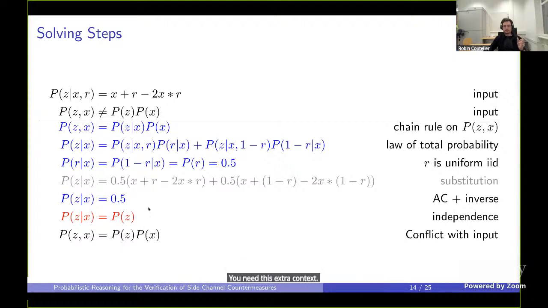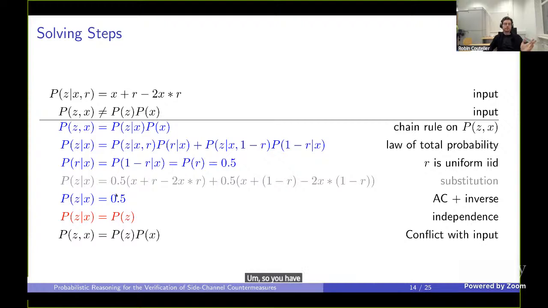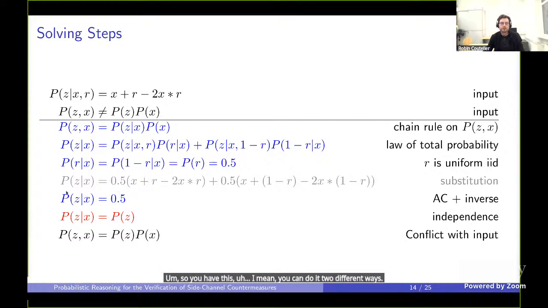Does that make sense? I didn't follow quite how you figured out that P of Z given X is equal to P of Z. You can do it two different ways. The probabilities are some sort of polynomials, right? And then you end up with a polynomial that does not involve X, so you can conclude that you can get rid of it.